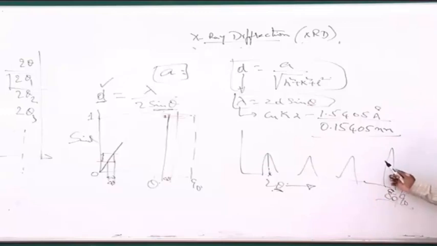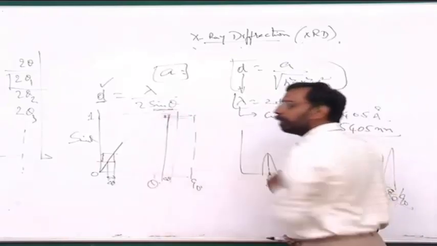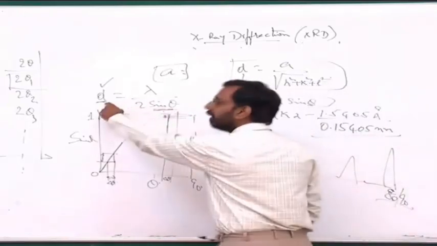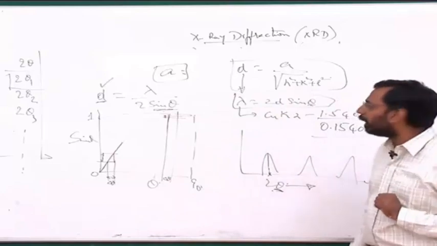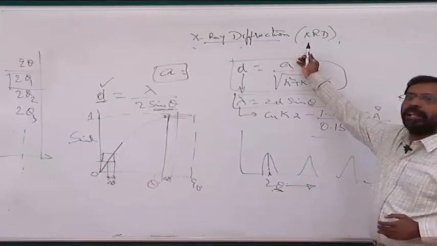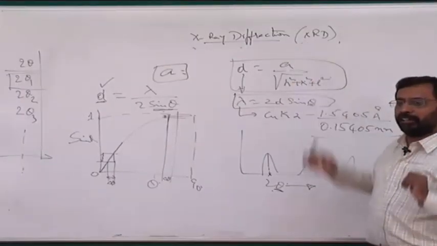And if I choose a high angle peak, then even if I make a small mistake in the theta, I do not make a big mistake in the sine theta, and as a result, I do not make a big mistake in the D, and hence my lattice parameter is more accurate.